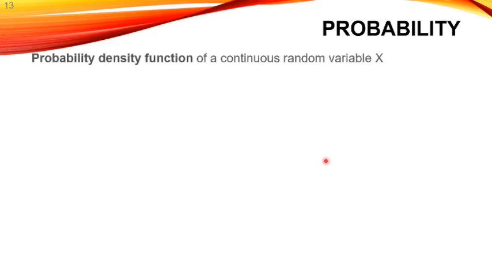So one application is about probability. The probability density function of a continuous random variable. So this is statistics and probability. The f of x is greater than or equal to 0 for all variables x. So the integral of the density function f of x dx evaluated from negative infinity to positive infinity is equal to 1.